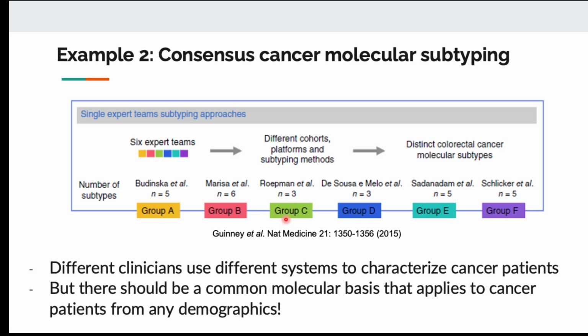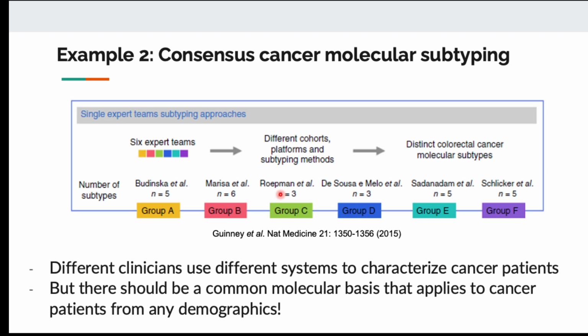And if you go to hospital number 3, you will get classified with only 3 subtypes. So clearly they are making different decisions, even though from the perspective of the patient, you have the same mutation, you have the same transcriptomic profile, but you got classified with different terms, and you might be directed to different treatment depending on where you get your care, and that's bad.